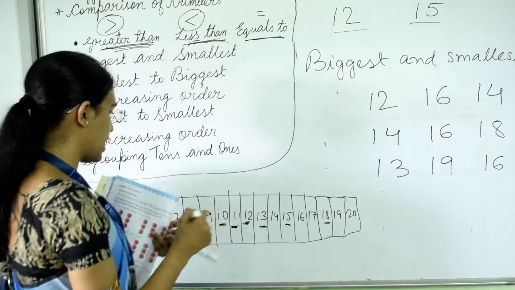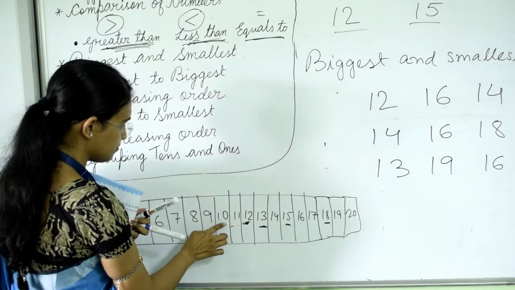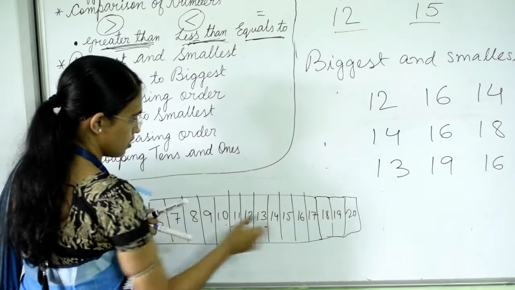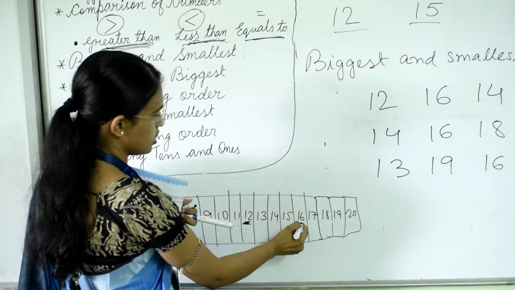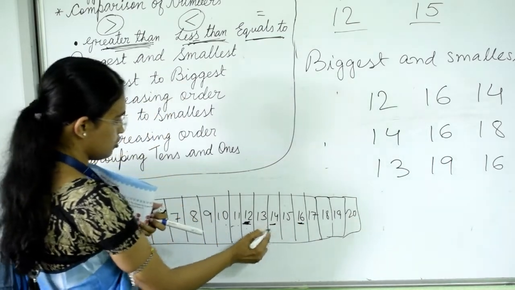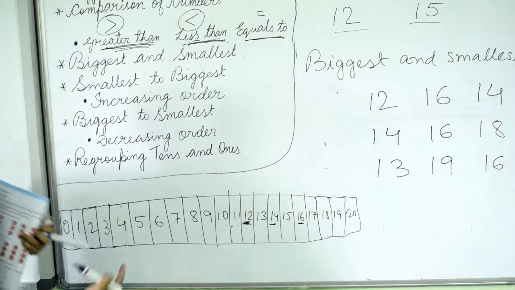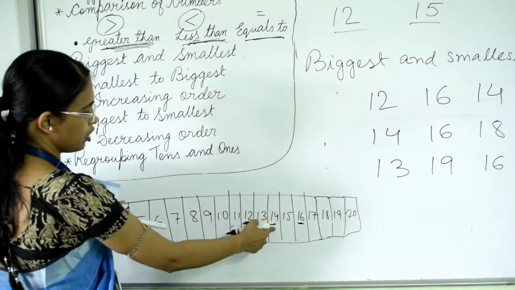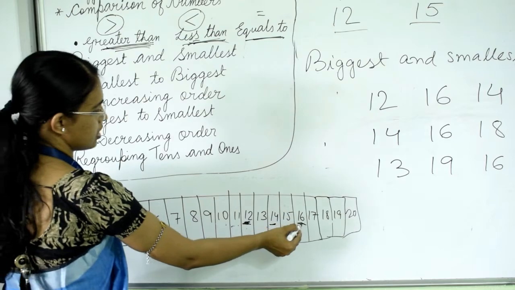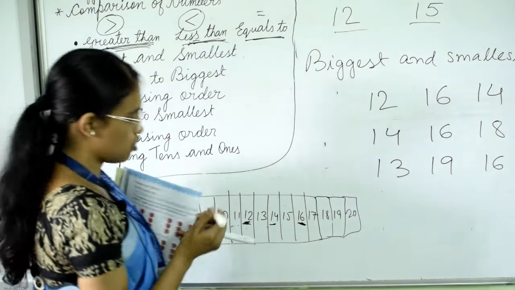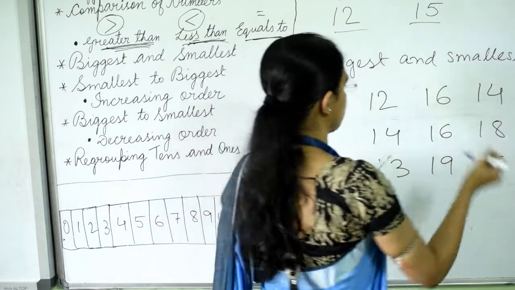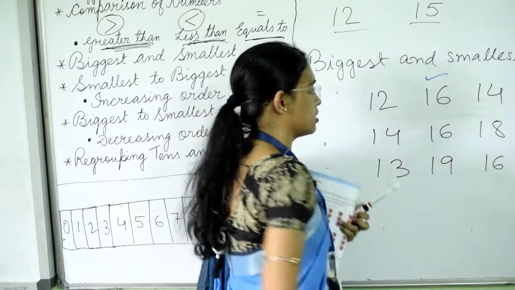Where is 12? 12 is here, then 16 is here, then 14. Which is far away from 0? First 12, then 14, then 16. That means 16 comes last, so 16 is far away from 0. So among these 3 numbers, the biggest number is 16.